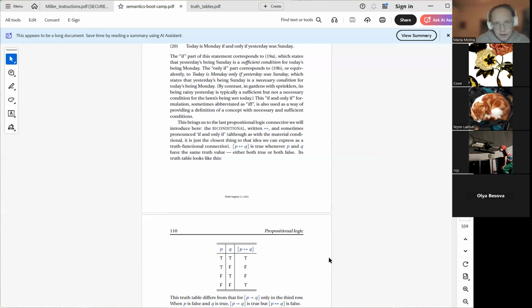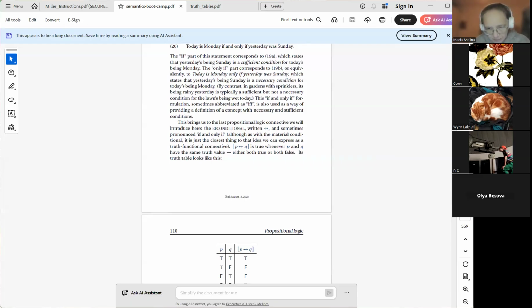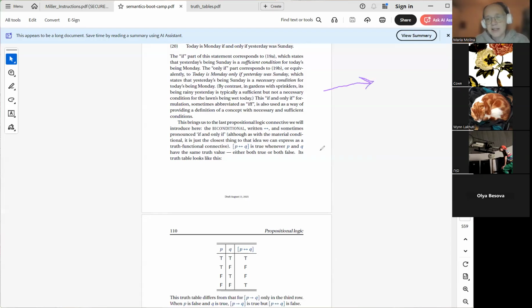And this is called a biconditional connective. The conditional connective we can write as an arrow, and the biconditional connective, if and only if, we can write this way.